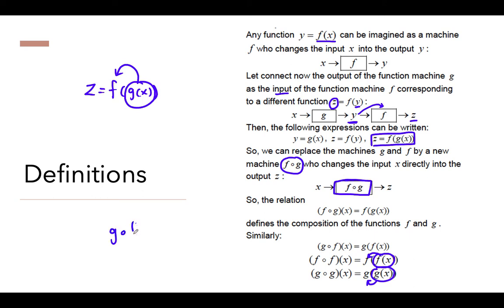Is it g composite of f, or is it f composite of g? The order is very important. This is the symbol that you always have to be familiar with, the composite function.